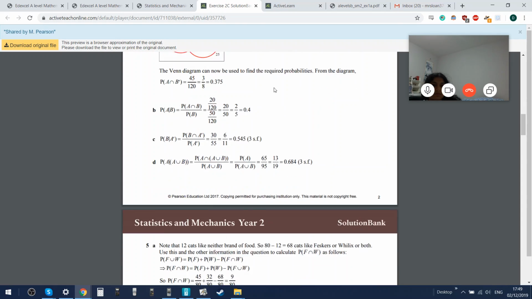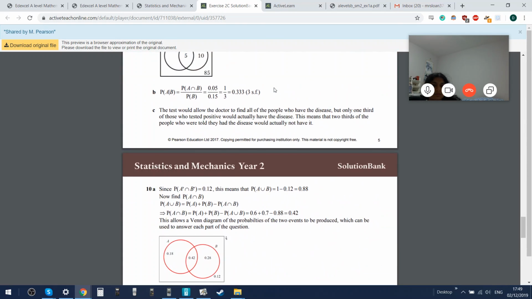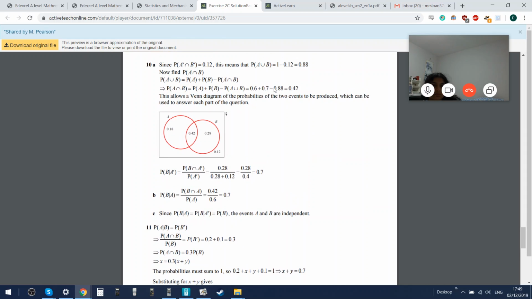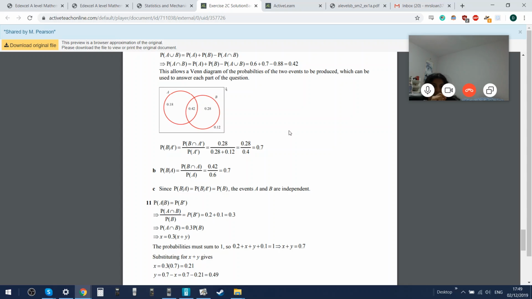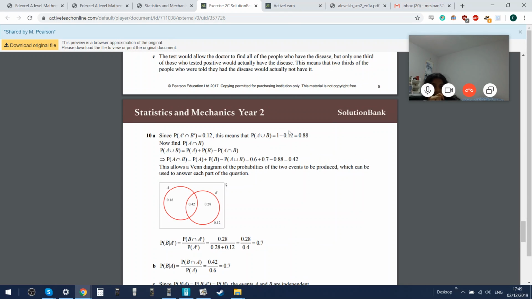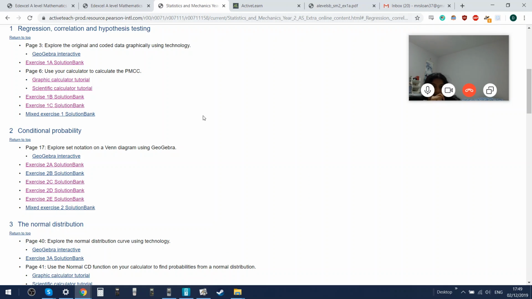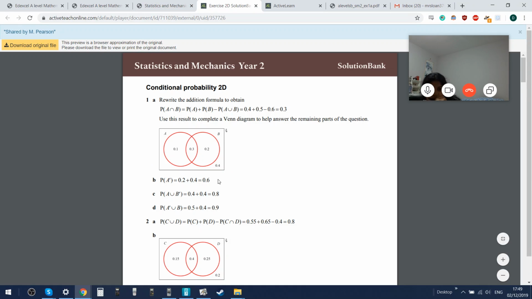Is this question 10? No, that's the previous one. So why is it not question 10? It should be this.